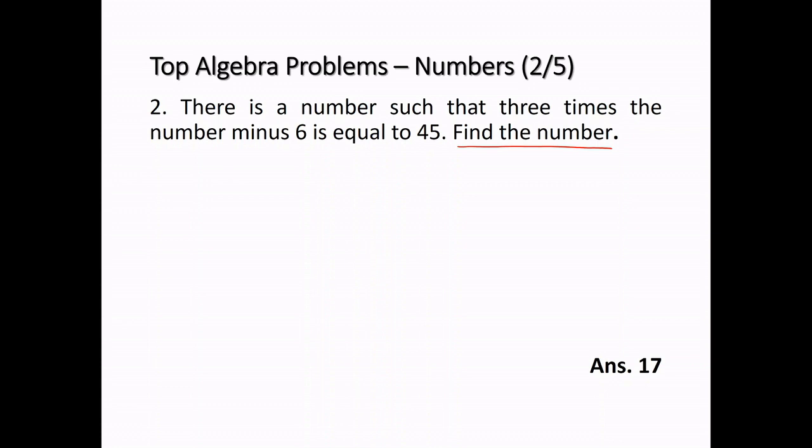So there is a number, and we can just say x is the arbitrary variable, whatever the number is, such that 3 times the number minus 6 is equal to 45.